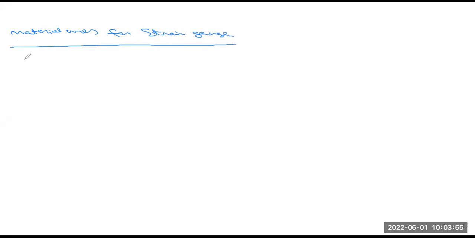So more or less, the materials used for strain gauge. Number one, we have to use advanced alloy, it is called advanced alloy.